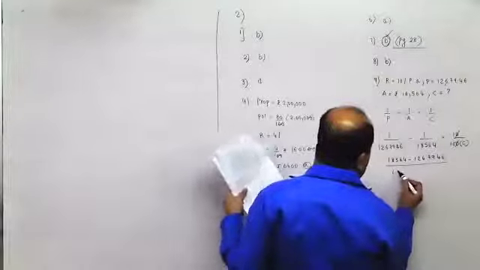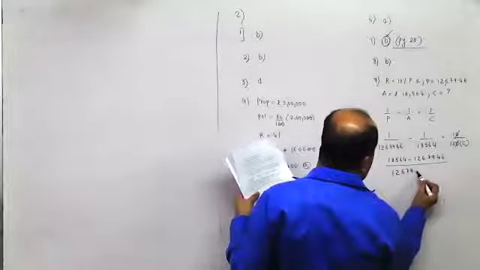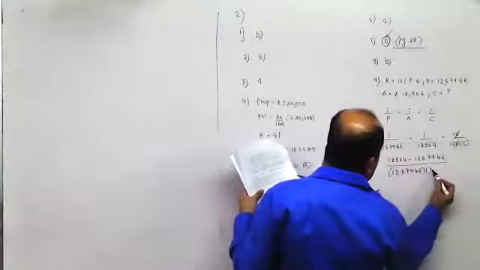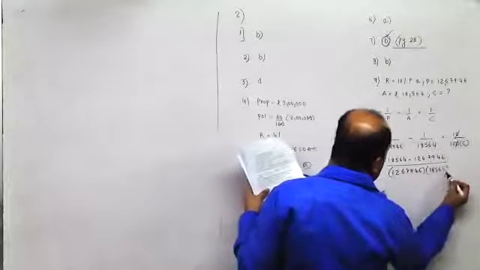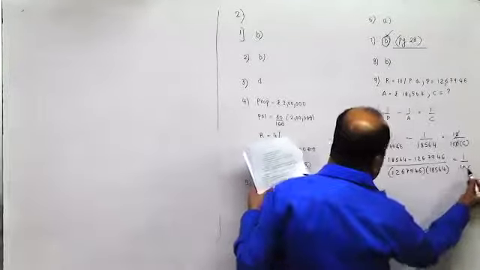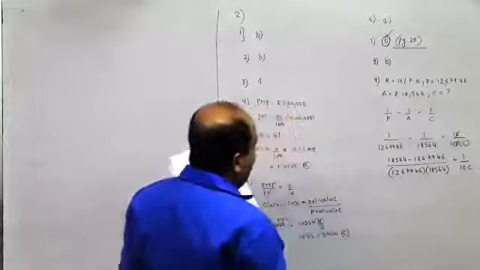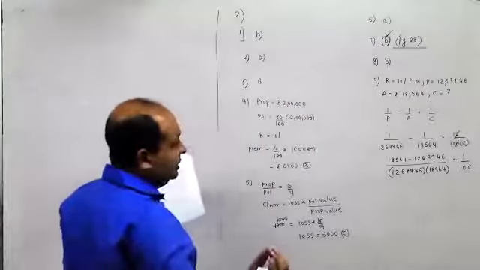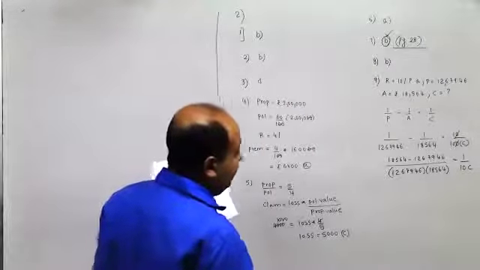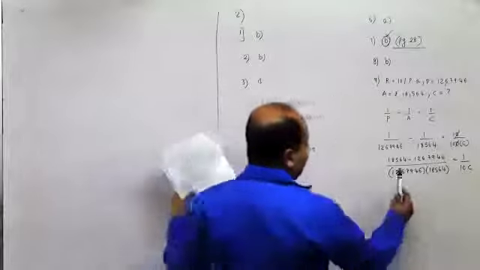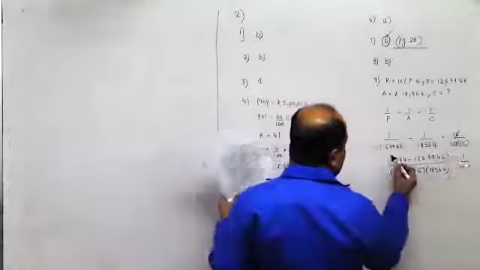Upon this 12679.46. So there should be some shortcut. I am missing it out. 18564. Can someone do it on the calculator and tell me what is the numerator? Can someone divide this and tell me what would be the answer?